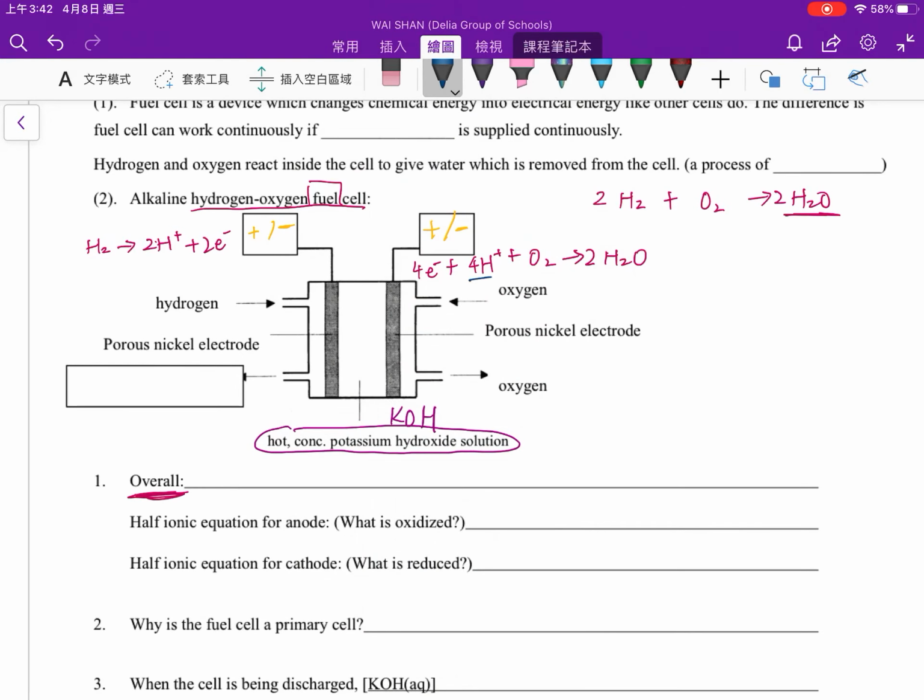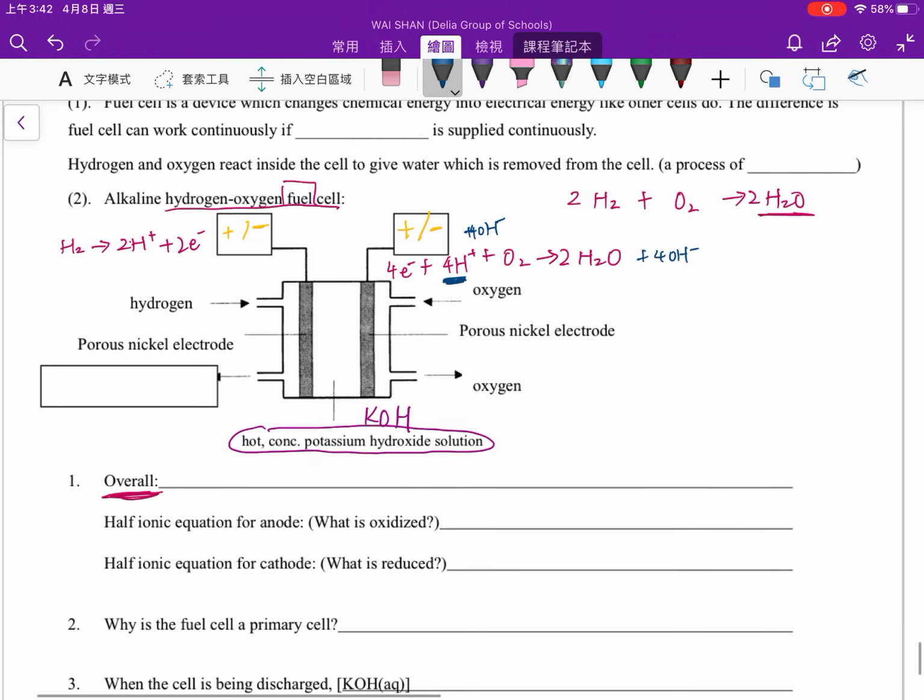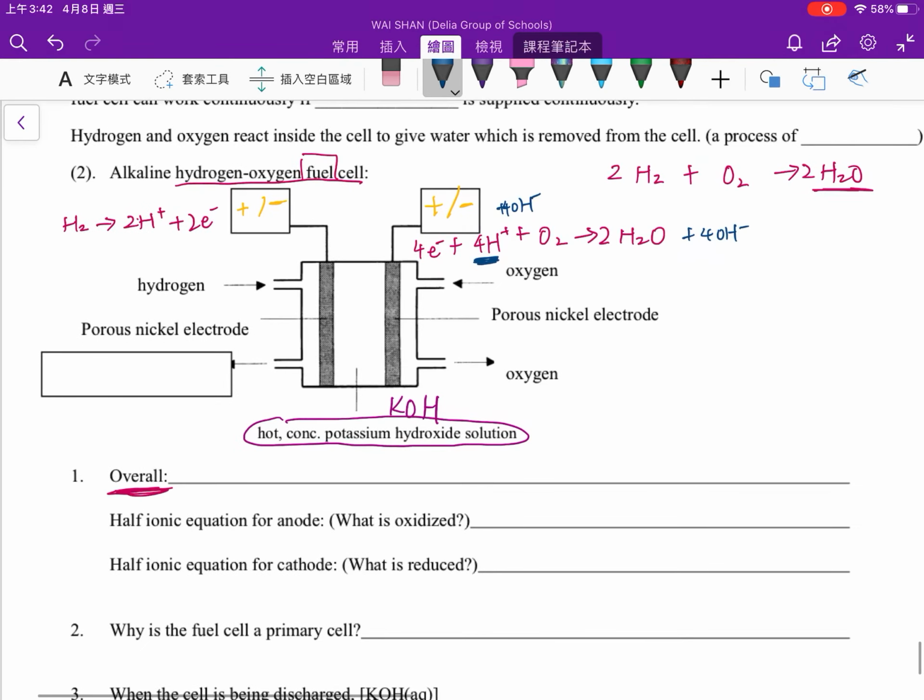According to what we have learned, how can we turn it to alkaline condition? There are 4 hydrogen ions, right? So we will add 4 hydroxide on the left, and also add 4 hydroxide on the right. Then these 4 hydrogen ions and 4 hydroxide ions change to 4 water.